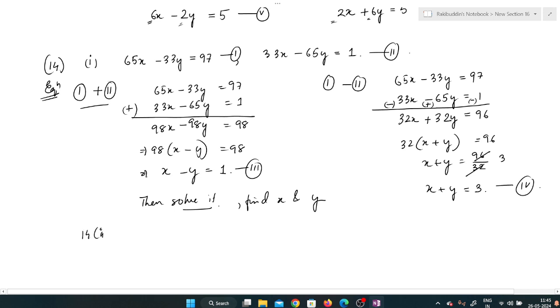Question number 2 is the same, you just need to understand the concept and how to attempt it. See students, your approach is very important. The way you approach a question will determine how much time you save or how much extra time you invest. So you need to be very careful while choosing which method to apply.